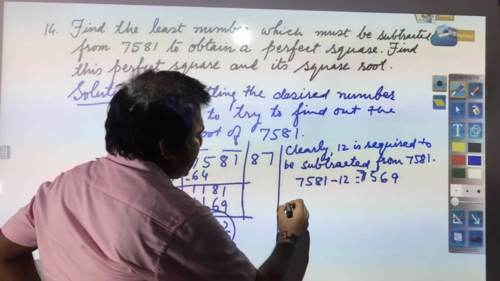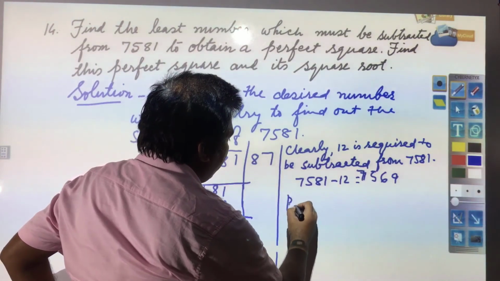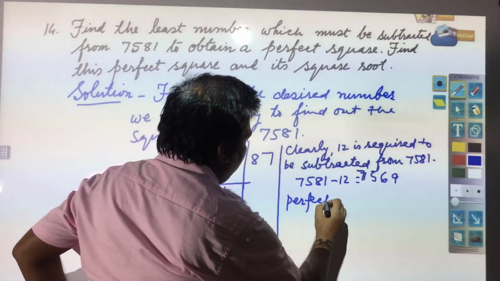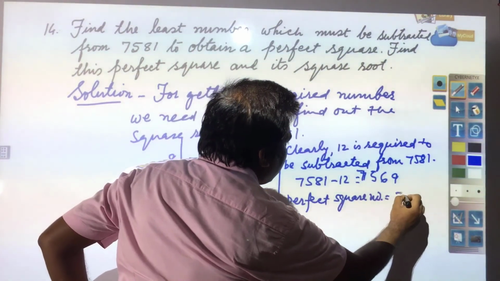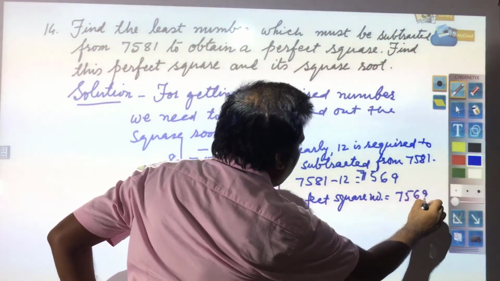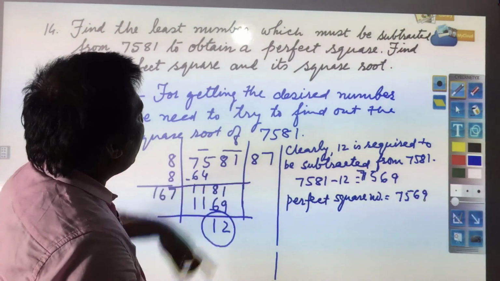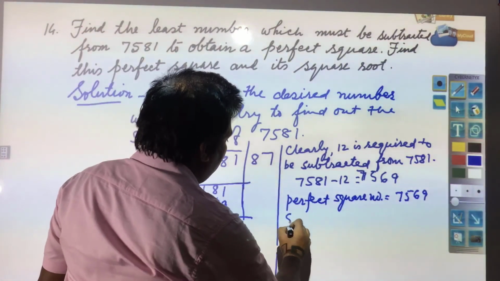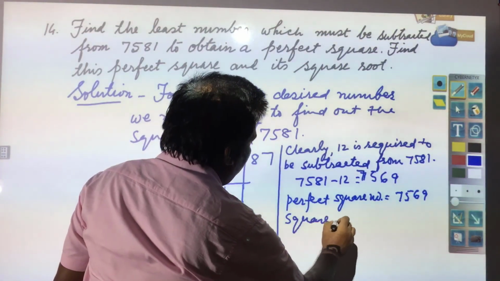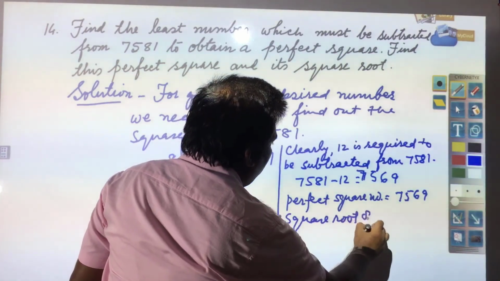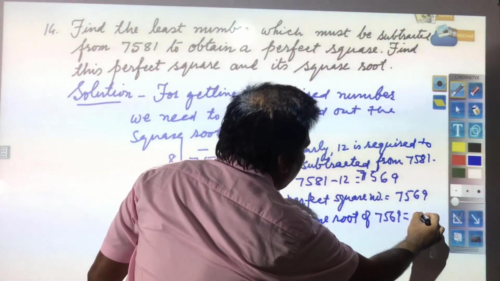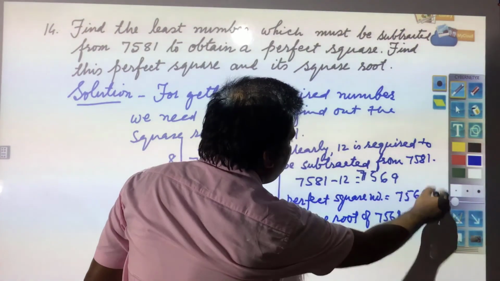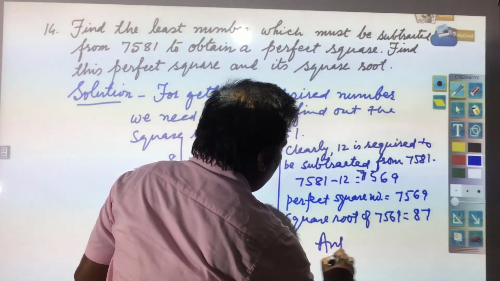So, perfect square number is 7569, and square root of 7569 is equal to 87, and these all will be your answer.